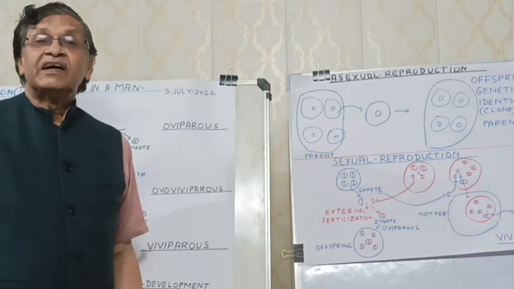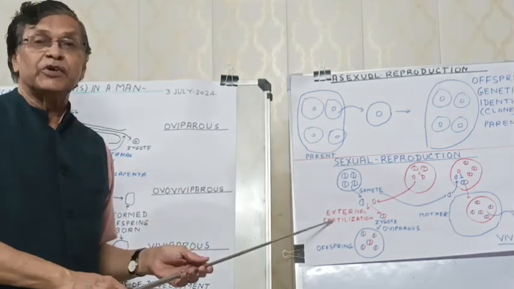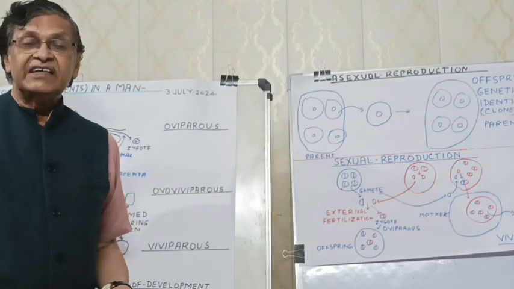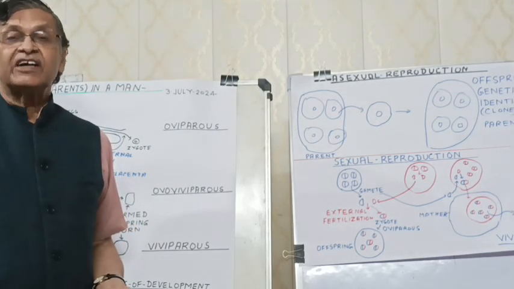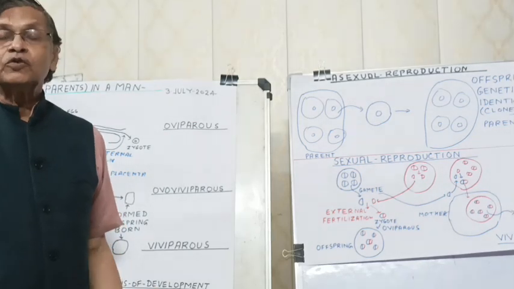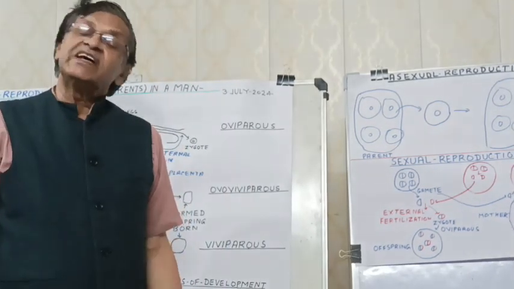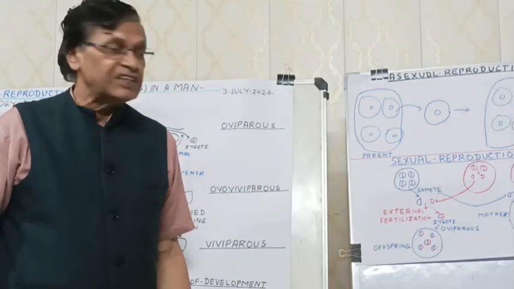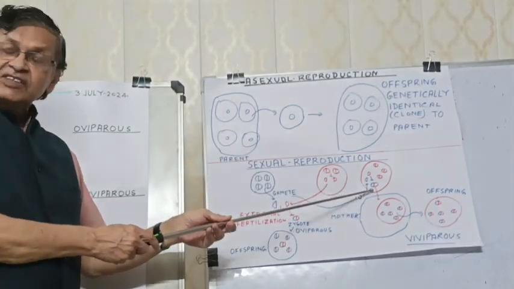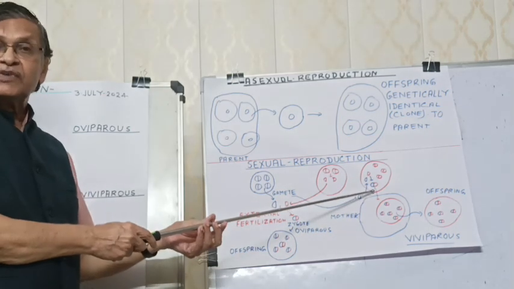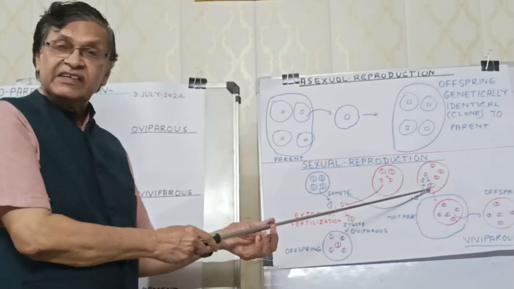But in this system, there is a risk for the developing embryo that it can dry, it can get wet, it can be eaten by predators or parasites. So it was risky. So nature developed another system in which the female individual released the female gamete, but it was retained in the body of the female itself.